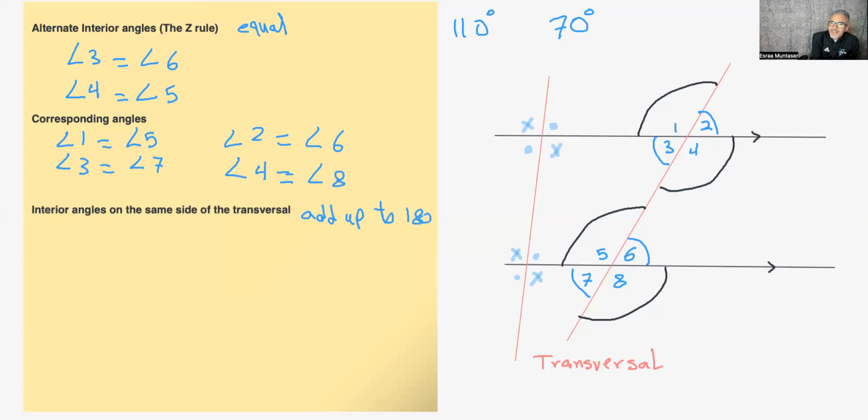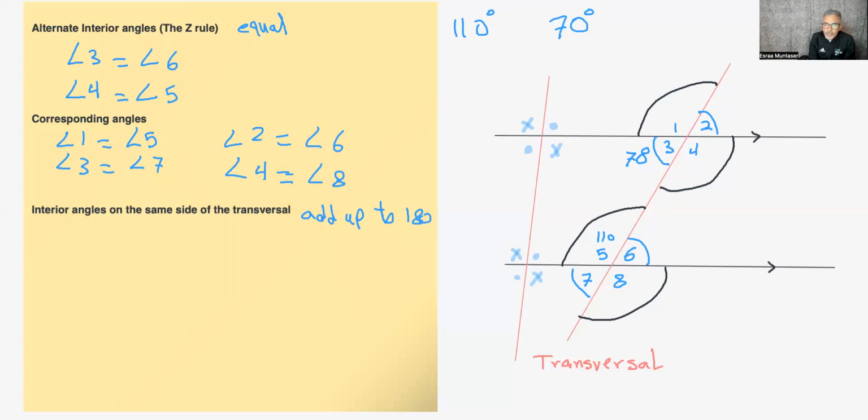So again, if this is 70, as we said, that's what we'll use here, then this and this are on the same side of the transversal. They are on the left side of the transversal, both of them, and they are interior. So these two must add up to 180. So 180 minus 70 will give you 110 here.